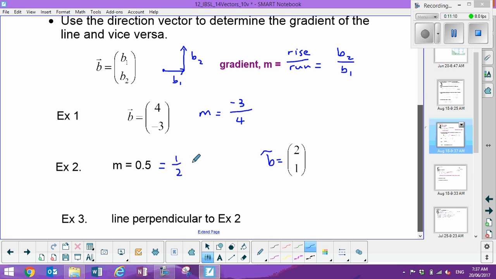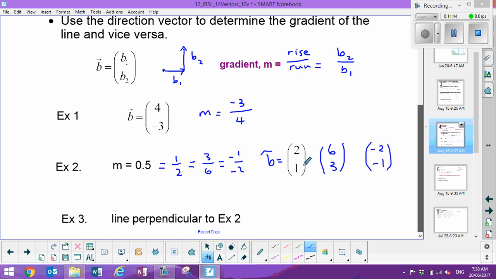But I could have just as easily written 6, 3. Or I could have written that as minus 1 over minus 2, in which case I would have had minus 2, minus 1. They're all the same direction, different magnitudes.